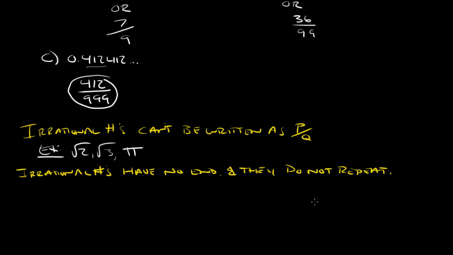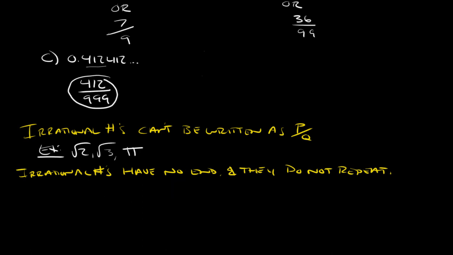Okay, so that's important to know about irrational numbers. They continue on forever and ever, and they do not repeat. Okay, a rational number can continue on forever and ever, but it has to repeat. Or it doesn't have to repeat, but it has to have an ending, so it doesn't go on forever and ever without repeating.